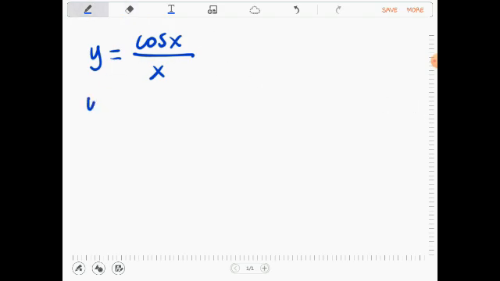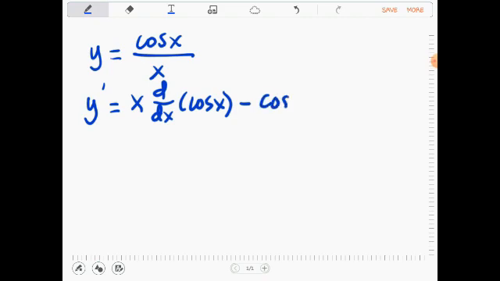So, therefore, our derivative of this is equal to, our u is, it can also be the other way around. No problem. Okay? So, this is equals to v. Our v is x. Okay, x. Then, the derivative of u. So, our u is cosine of x. So, d over dx cosine of x minus cosine of x. This is our u times the derivative of x.